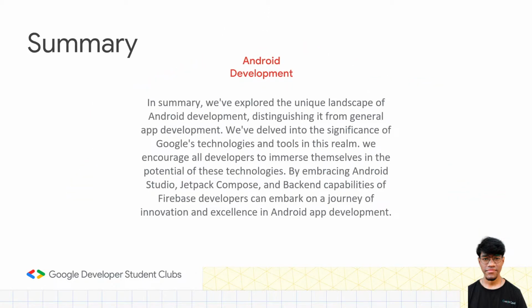So in summary, we can say that Android development is a subpart of app development, mostly focused on developing apps specifically for the Android ecosystem. We can use Google technologies such as Android Studio, Jetpack Compose, and Firebase to embark on our journey of innovative excellence in Android development.